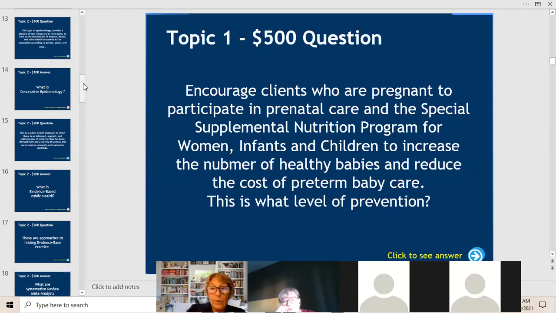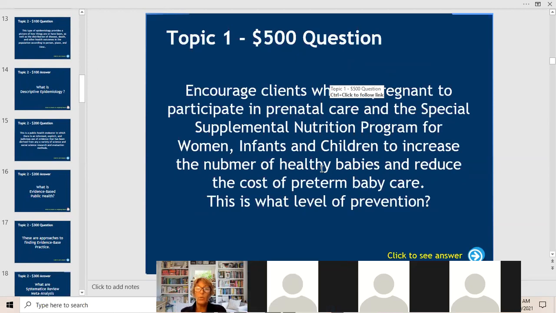Because we have identified a population group who is pregnant to participate in prenatal care in the WIC program. So we have identified this population as a potential group that might need additional resources. So we're screening. Some of them may need it, some of them may not, but we've identified a potential high-risk group. Does that make sense?